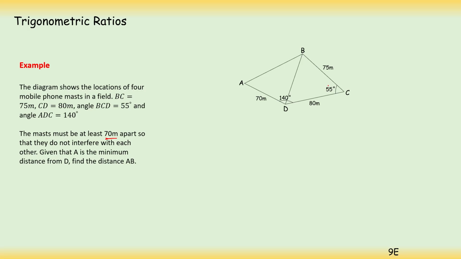So that tells me I can use one of the formulas I know. Let me highlight this triangle in red. I'm looking for this side BD, and I'm using my cosine rule: a squared equals b squared plus c squared minus 2bc cos A.